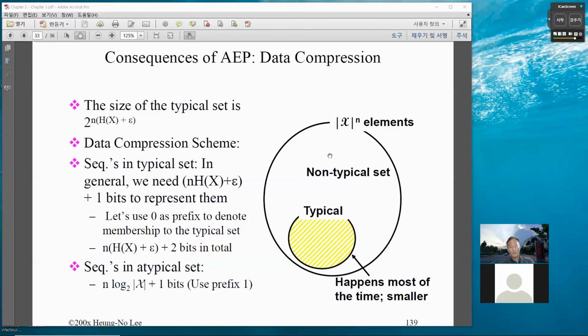That happens whenever an element from the non-typical set occurs, okay? So overall, because these sequences rarely occur, the expected value of the number of bits that you would need to represent any sequence in the whole set is this, okay?